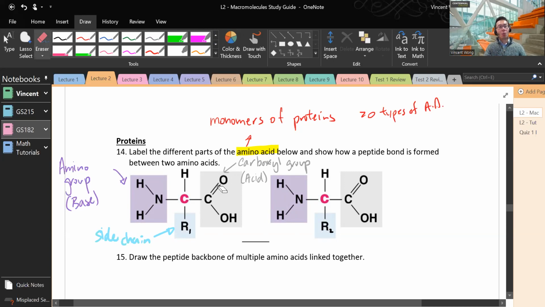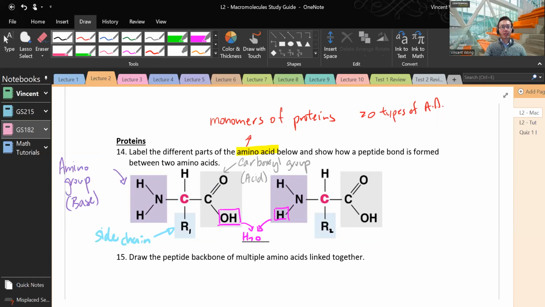So if you put one amino acid next to another amino acid, and we want to connect them, just like before, we are going to remove an OH from the carboxyl group of one amino acid. We'll remove a hydrogen from the other amino acid. So these come out and form water, right?